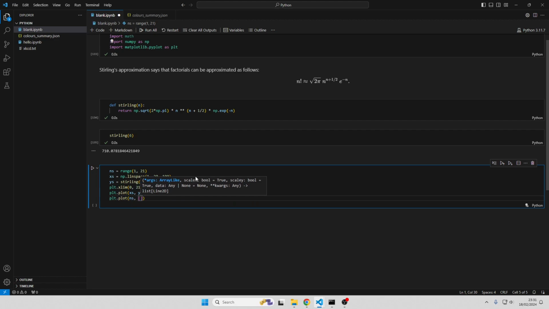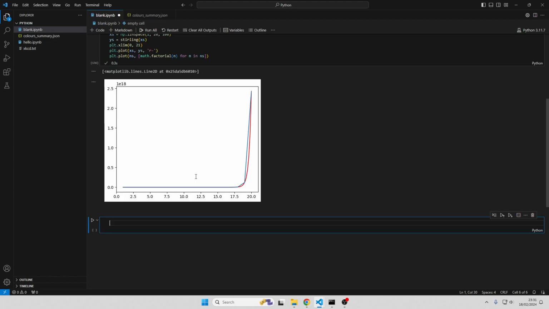And then we want the real factorial, so there's a math.factorial applied to n, in this list of numbers n that we've got already. Okay, so here's our two plots.